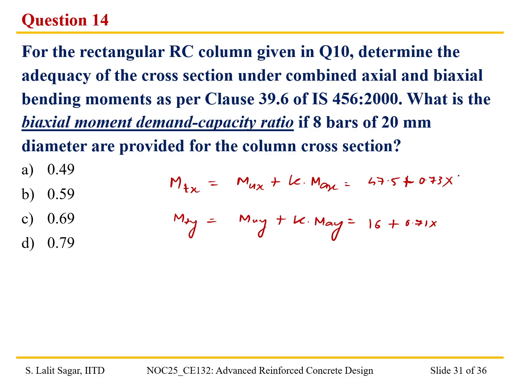Here we have 1500 into 10 to the power 3 into 500 divided by 2000 multiplied by 12.75 square, and here we have 0.71 into 1500 into 10 to the power 3 into 400 divided by 2000 multiplied by 15.94 square.